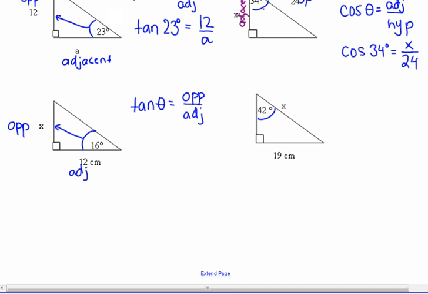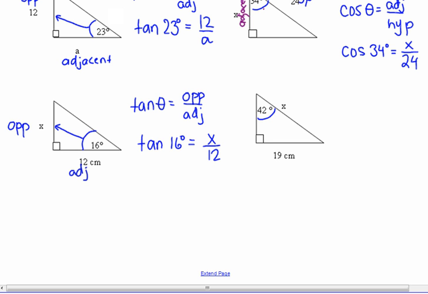TOA. Okay, so tan of 16 degrees would equal the ratio of x over 12. X over 12. Okay, try the last one on your own.